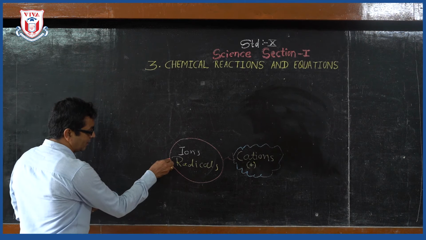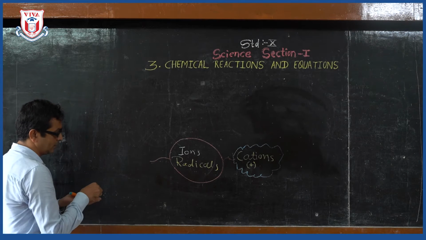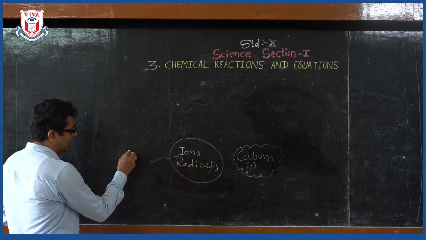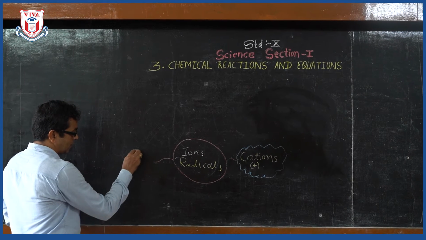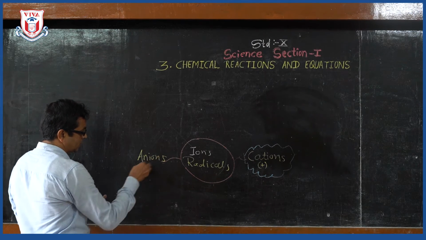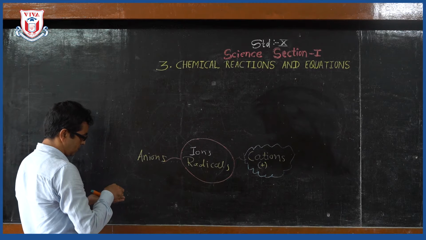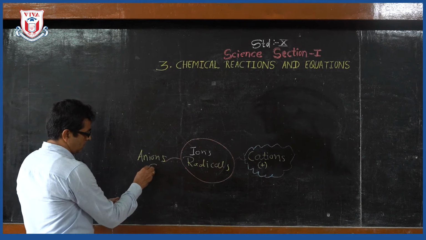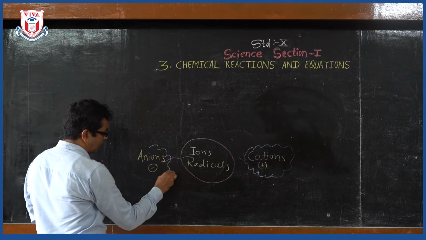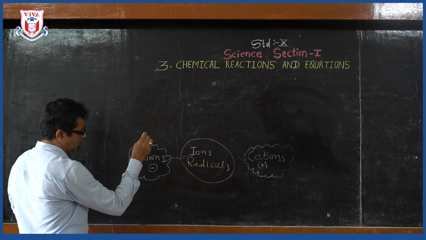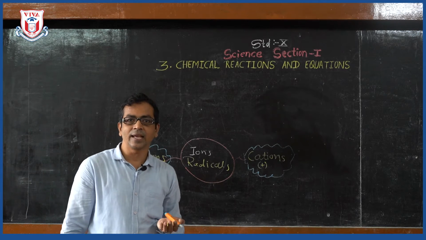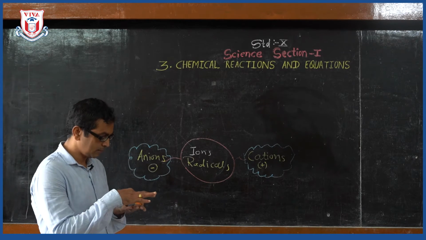And the second type is atoms having negative charge, called anions. These anions are also called acidic radicals since they are coming from the acids.